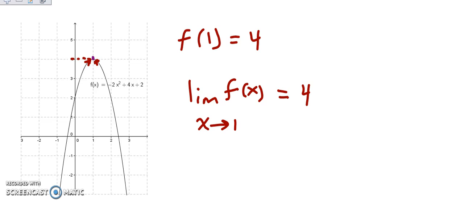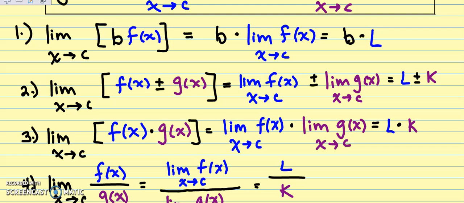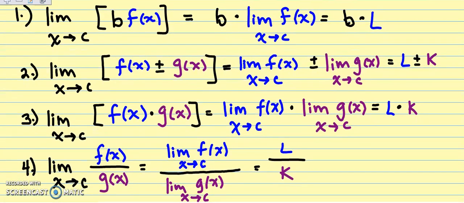Now, before we do more examples, I want to go over some properties. Go ahead and copy these properties down. There are 6 of them. You can pause this video at any time, rewind it whenever you need it.